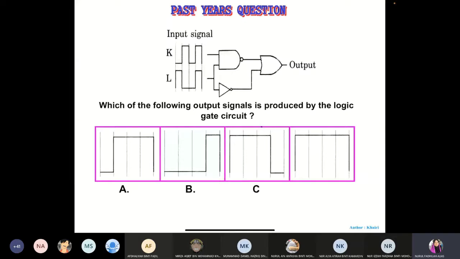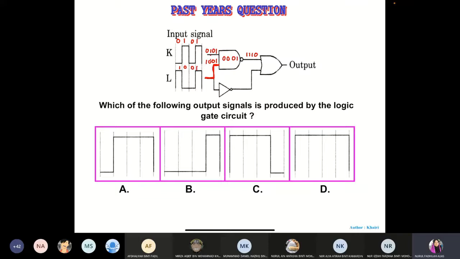So the question is, which of the following output signal is produced by the logic gate circuit? So don't be nervous, don't worry. So this is just 01, 01. And then how many are the legs here? The legs here may be the problem. But let's see. This leg comes from this source. Right? So it's the same as 1001. So we have 0101 here, 1001. Then we do NAND. NAND says 01, 010, 0000, 111. But we NOT it and get 1110.